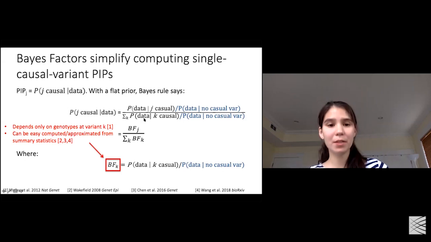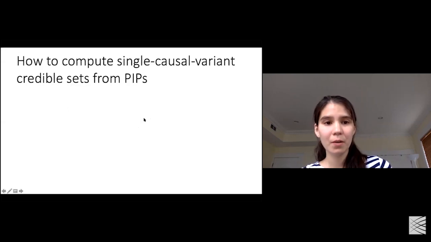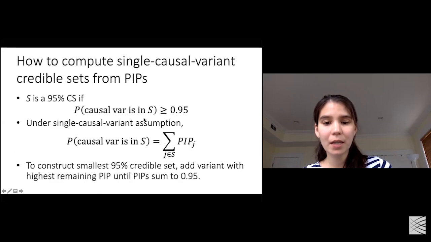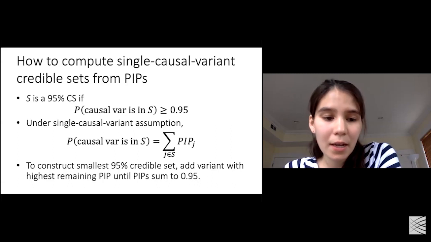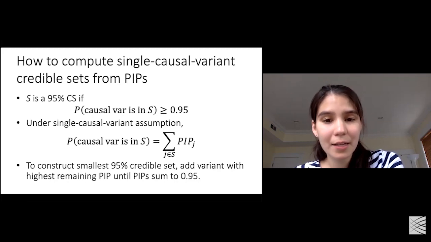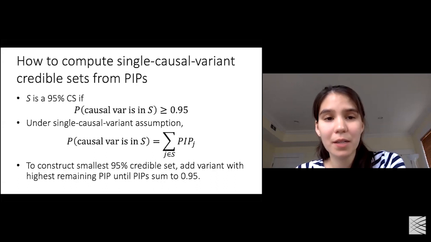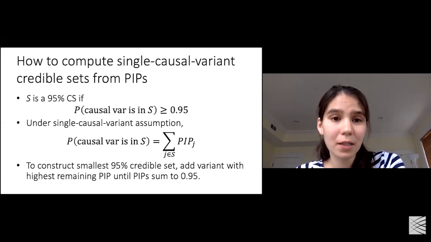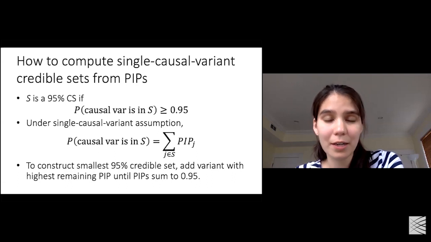So this is about credible sets now. With credible sets, there's nothing explicit about adjacency. I think that typically if you have a single causal variant, then the variants that have the highest PIPs are going to tend to be in LD with each other. And so typically credible sets tend to consist of variants that are in at least a medium amount of LD with each other.